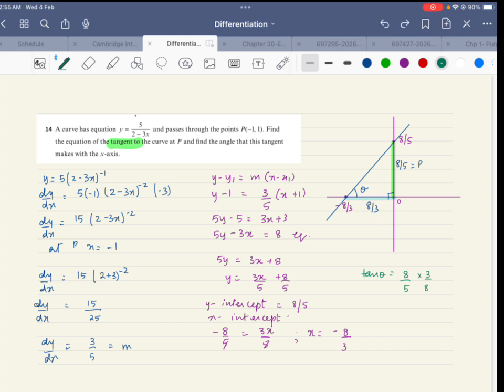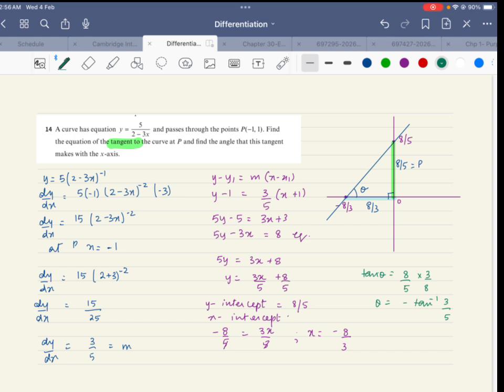This length is negative. So what are we going to write? If we have a negative attached to this one, basically we don't have to do that, but the value of tan that you will get will be negative. Why? Because in this quadrant tan is negative, right? So what happens here is we have theta equals minus tan inverse 3 upon 5.